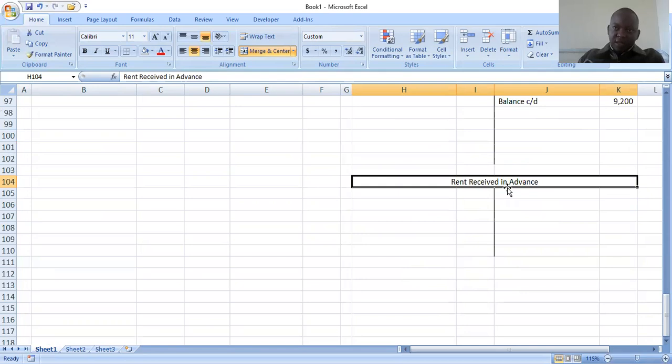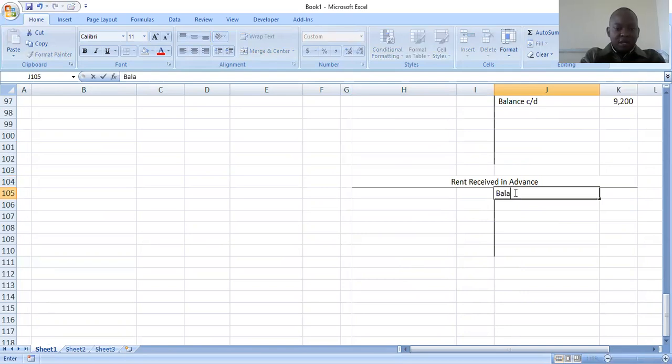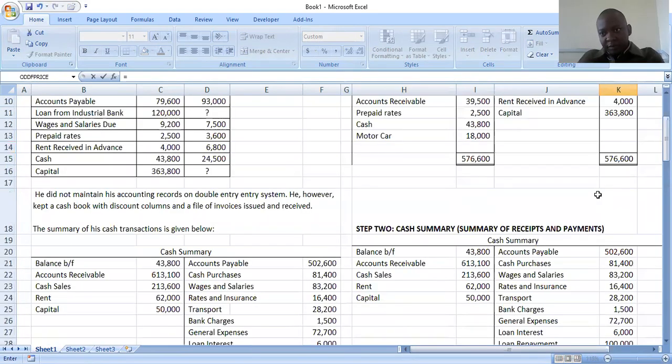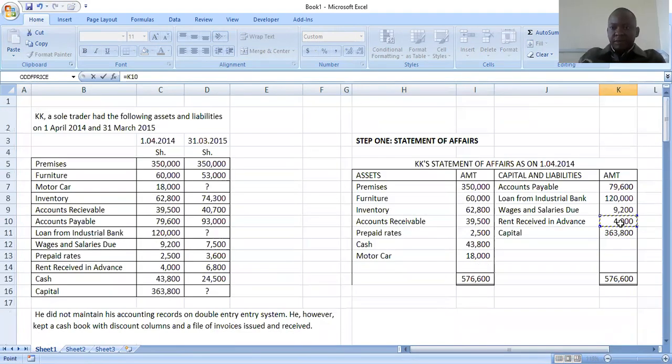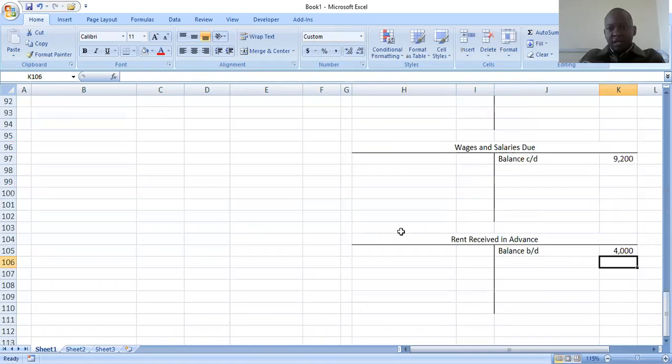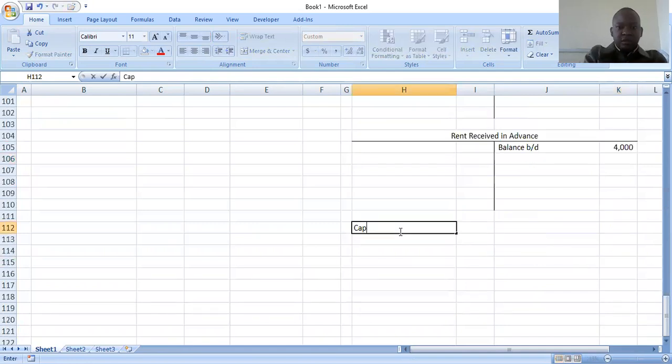I've said it's a current liability, so at the beginning, the balance will be on the credit side. So balance brought down for rent received in advance is equal to 4,000.